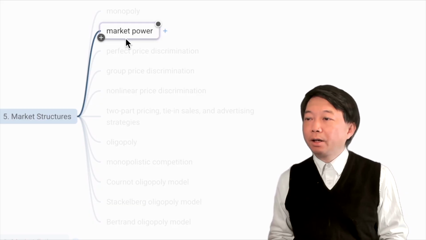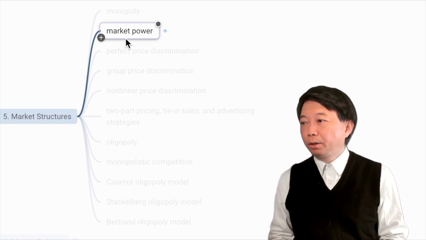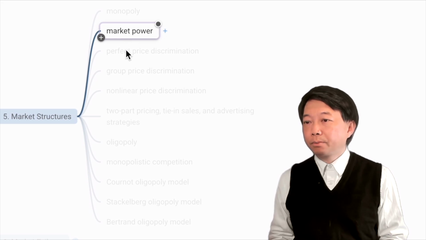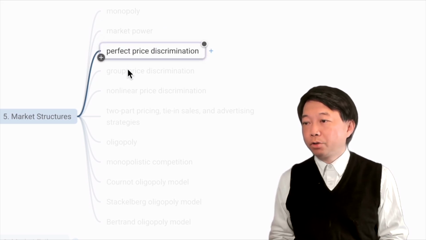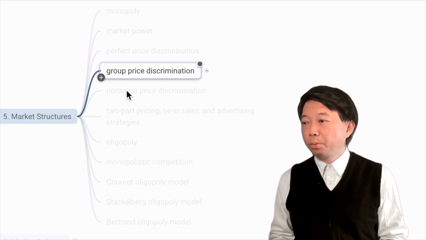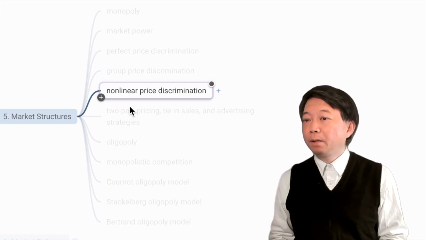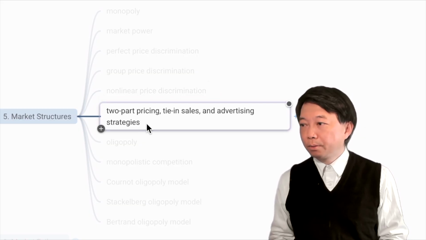Next, we will discuss price discrimination and the three main types: perfect price discrimination, group price discrimination, and nonlinear price discrimination. In addition, we will learn about two-part pricing, tie-in sales, and advertising strategies.